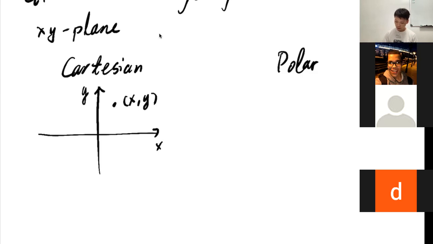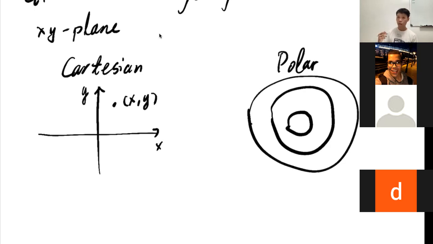And then for the polar coordinate system, it's determined by your radius and the angle theta. I don't know what the best way to draw this is. Probably like this.